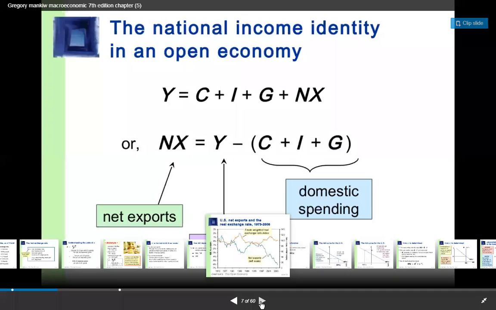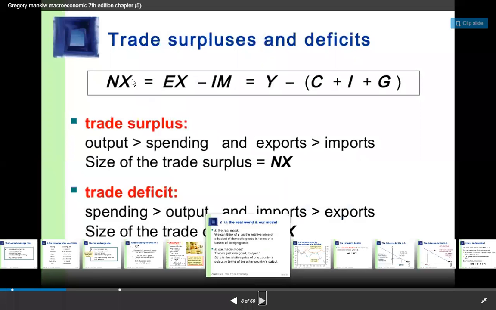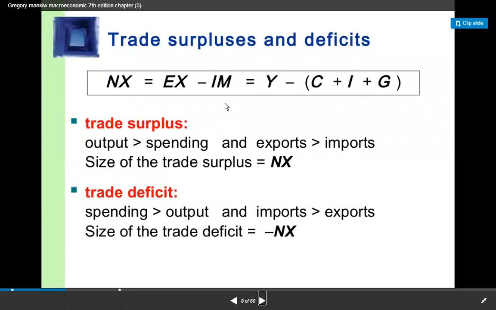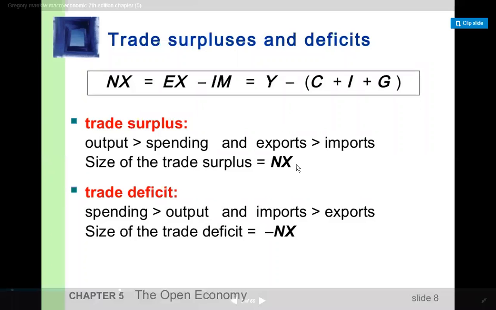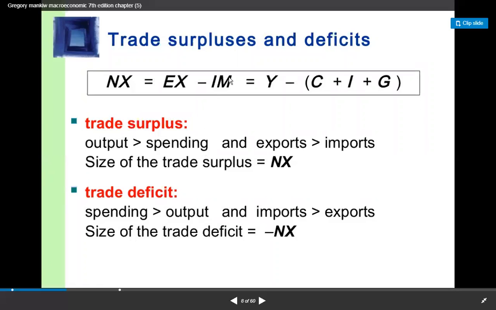Now the same things are explained over here. Net export is equal to export minus import. If output is greater than spending, then definitely exports are greater than imports. जब output आपकी spending से बढ़ जाएगी तो extra output आप क्या करेंगे? Then exports will be greater than imports, and we say net exports are positive, that is trade surplus.